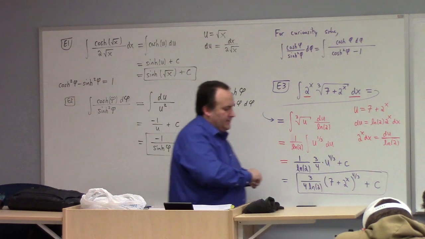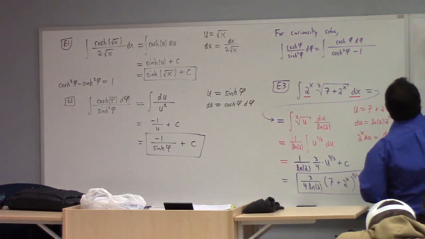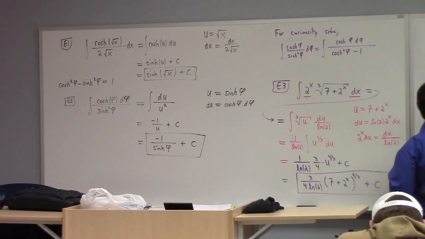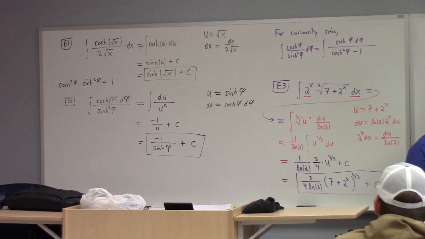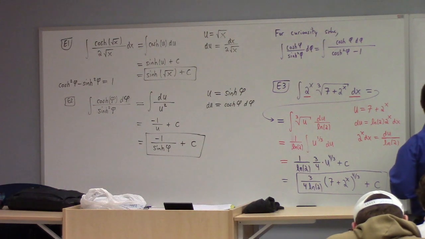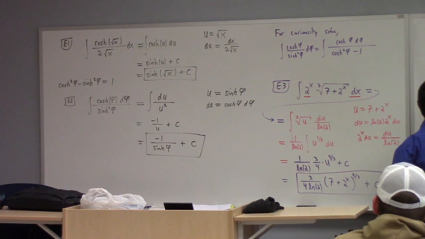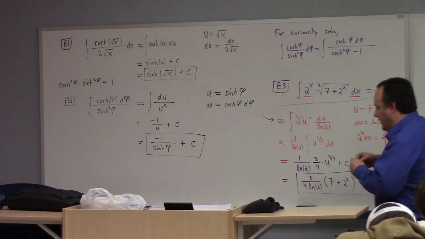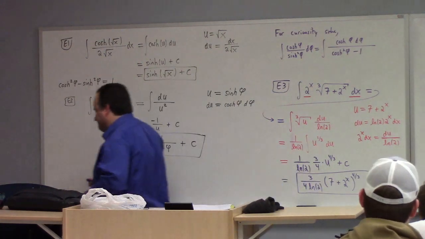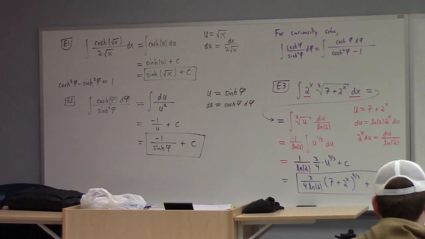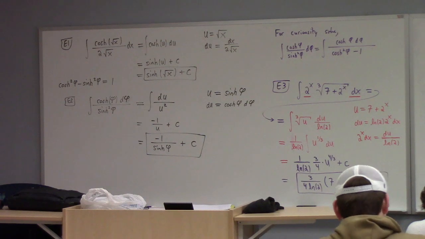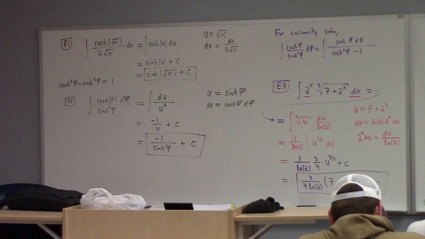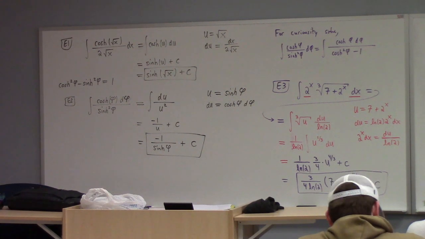Example 4. How would you integrate x dx over, let us say, 3 minus x? What do you guys think?